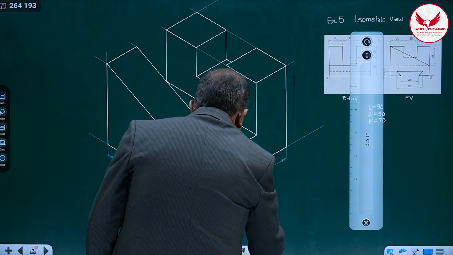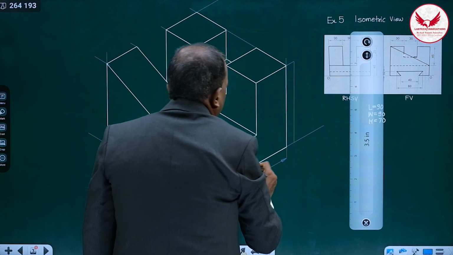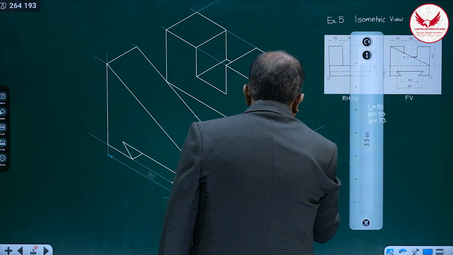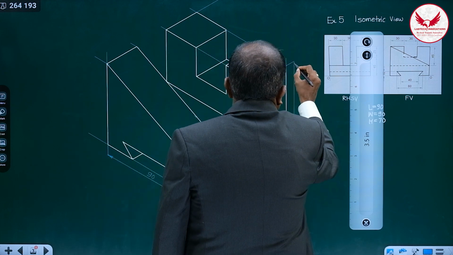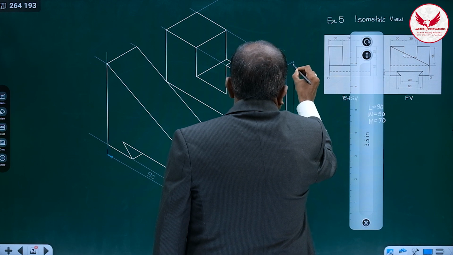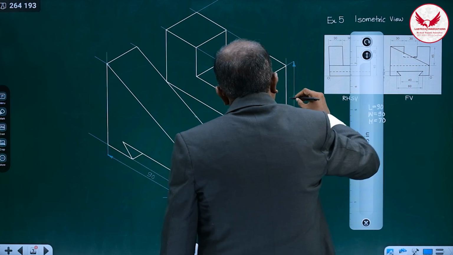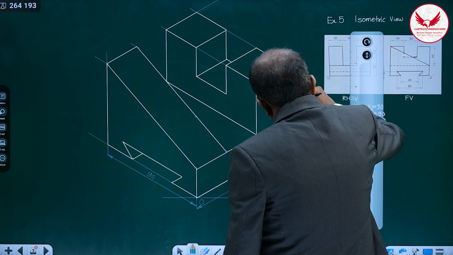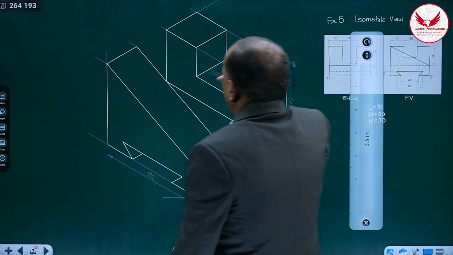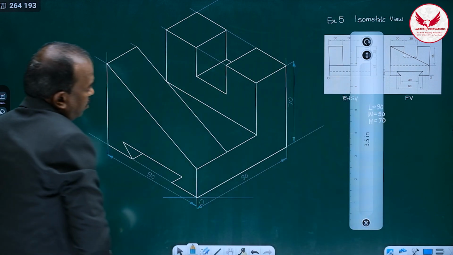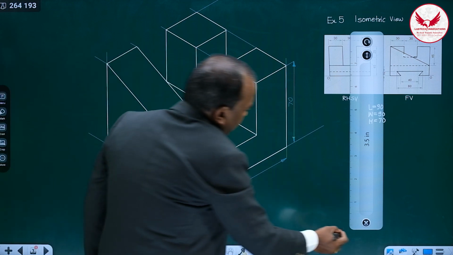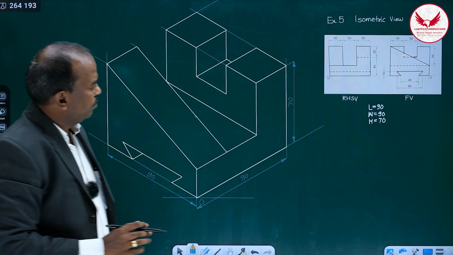This width is also 90, and for height we can mark 70. So like this we can prepare the isometric view.